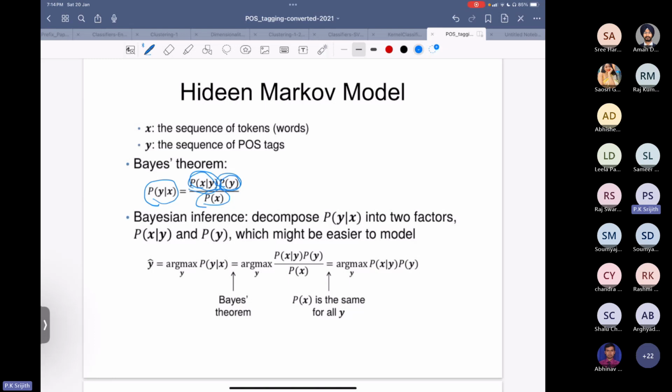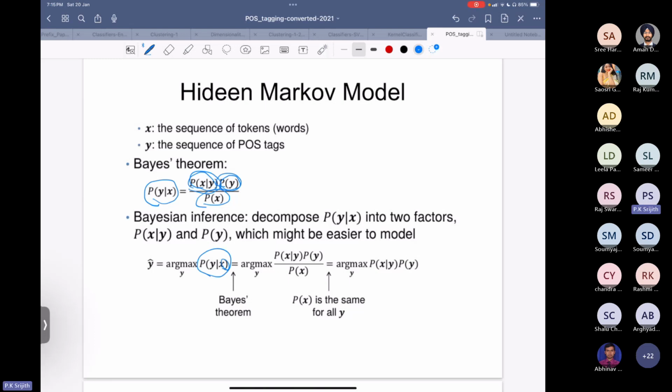Once we learn the parameters of the model from the data, we can use this model for prediction, right? For some given x, the correct part of speech tag sequence y is going to be the one which maximizes P of y given x, or max over y of P of y given x.